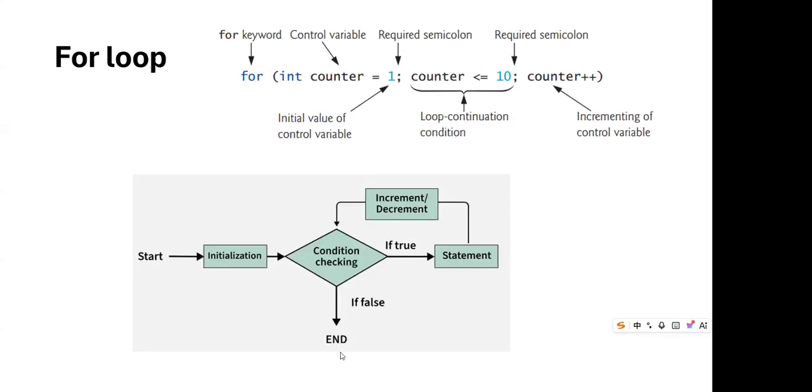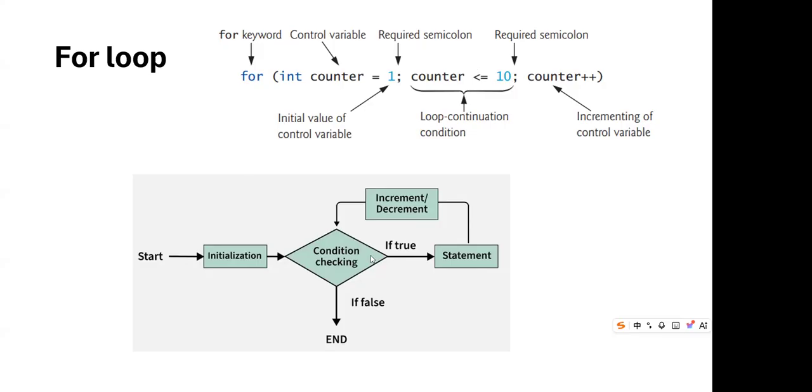And here is the workflow for our for loop. We start from the initialization, and then we check the condition. The condition is the counter is smaller than 10, which refers to the loop continuation condition.